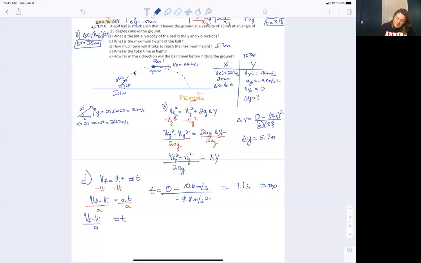That's to the top. How about the total time? That's actually what it asked for. Well, I got to multiply that times 2, which equals 2.2 seconds.